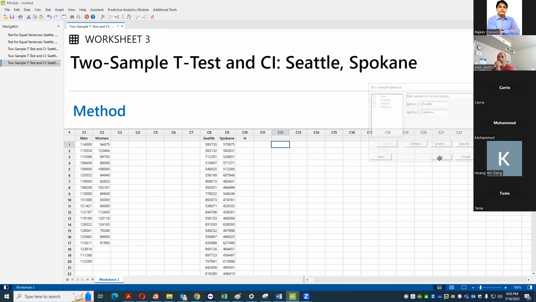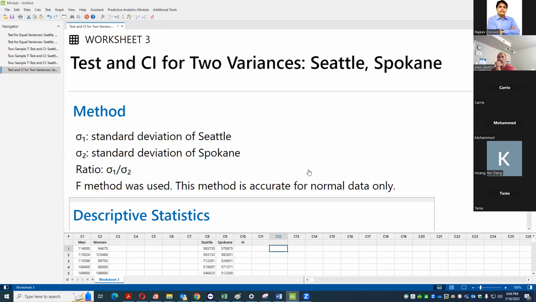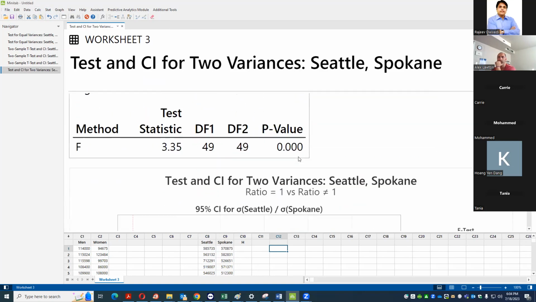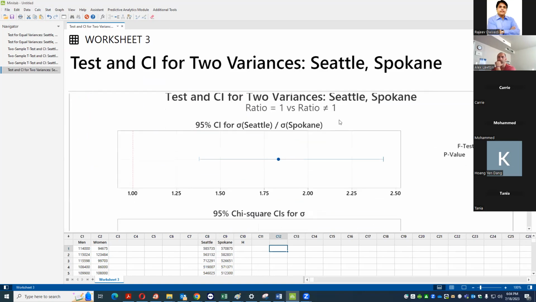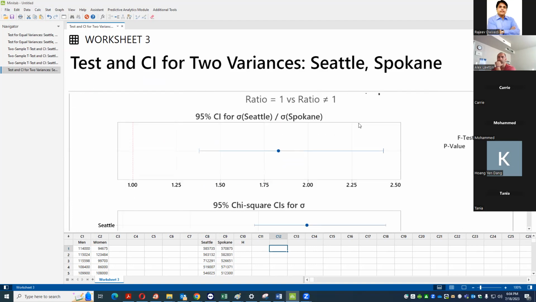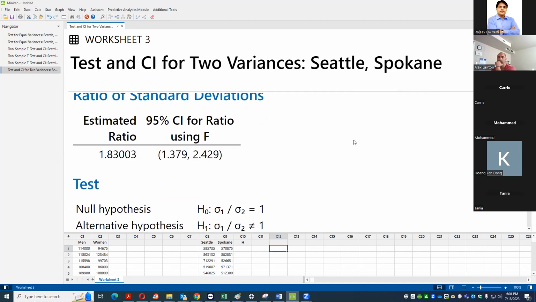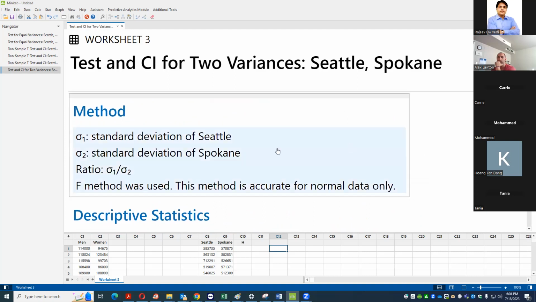Here you can clearly see the test is for the standard deviation of Seattle and the standard deviation of Spokane: sigma 1 is the Seattle standard deviation, sigma 2 is Spokane's, and the ratio sigma 1 upon sigma 2 equals 1.